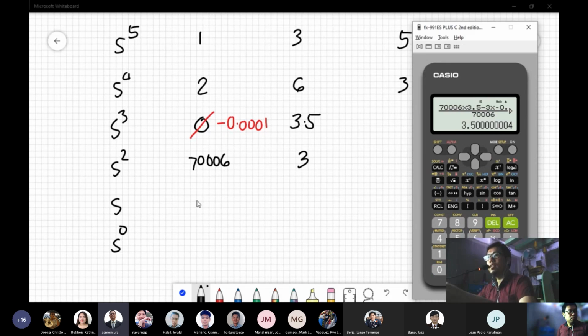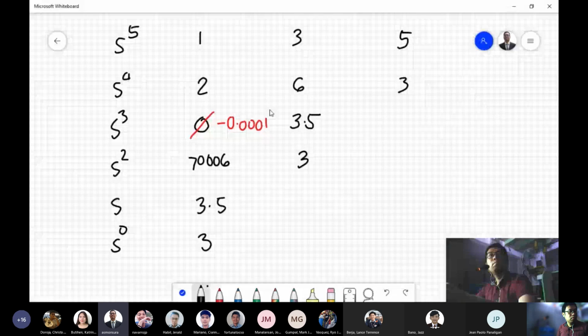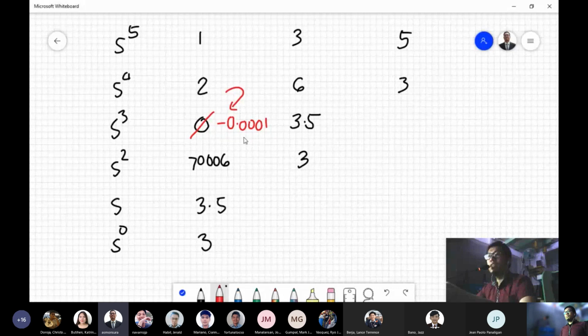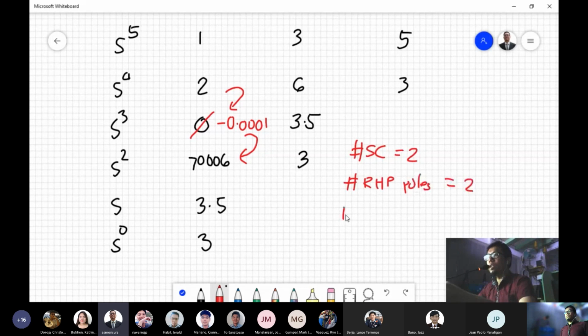So this is 3.5, this is 0, and then this is 3. Again counting the number of sign changes, you would have 1 and then 2. So you still have 2 sign changes. Therefore, the number of right half plane poles is 2, and the number of left half plane poles equals 3. So it is still the same.